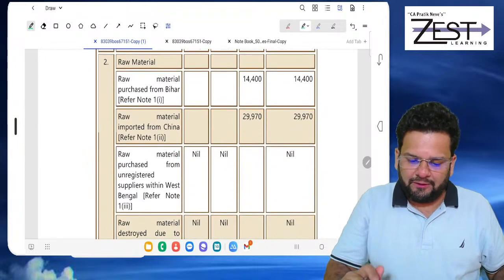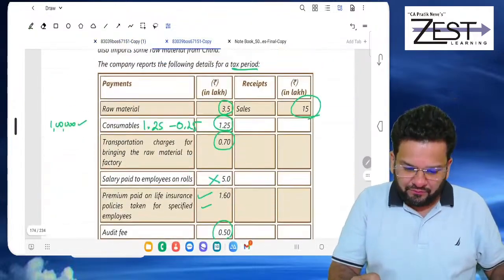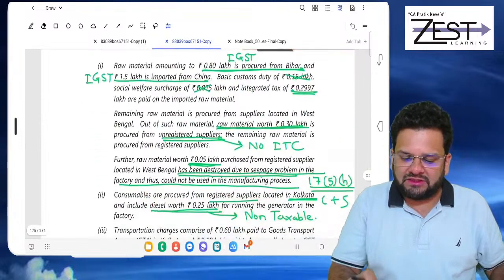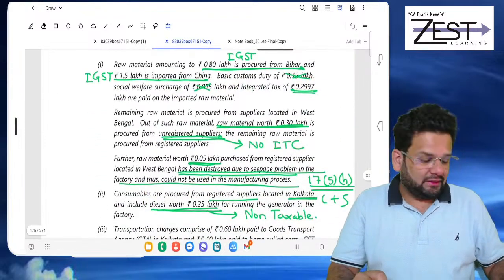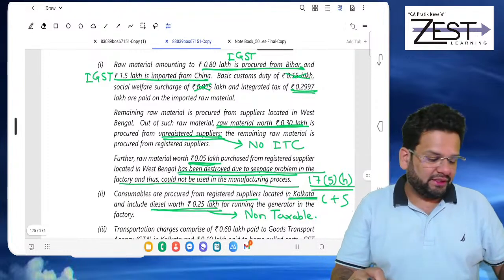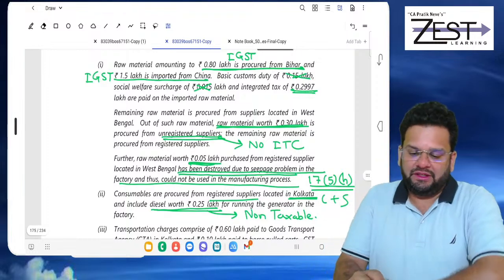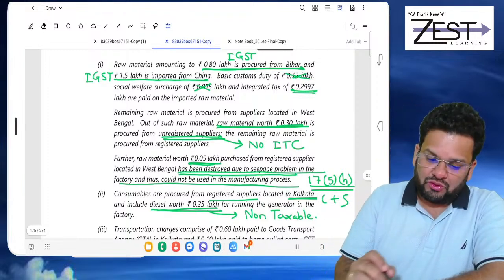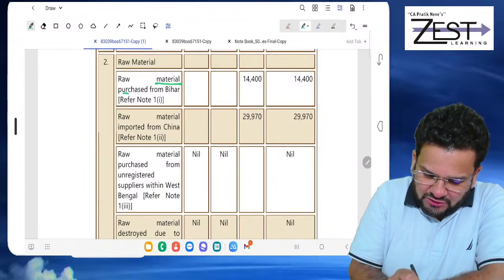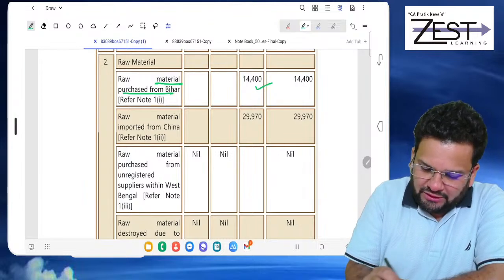Then go ahead, start with raw material 3.5 lakhs, but you have this paragraph 80,000, 0.8 lakhs means 80,000. On 80,000, can you calculate at 18%? It is from Bihar. So are you getting 14,400? Raw materials purchased from Bihar, IGST, interstate supply.